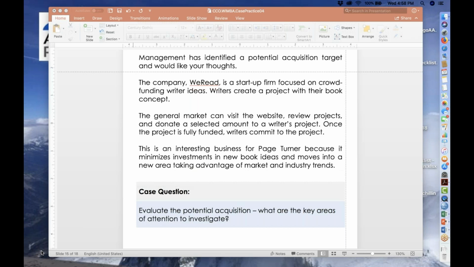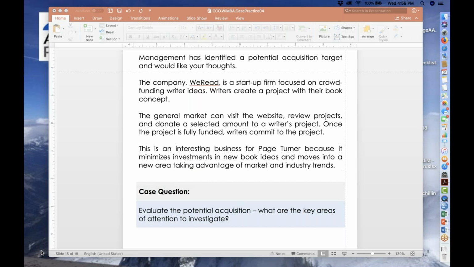The other thing that's cool about these M&A cases is that they lend themselves to your area of specialization. For those of you with more of an operations technology focus, that's a huge issue when it comes to M&A. For those of you on the marketing side, that's a big deal. For anybody in human capital, that's a big deal. And then finance, for sure.